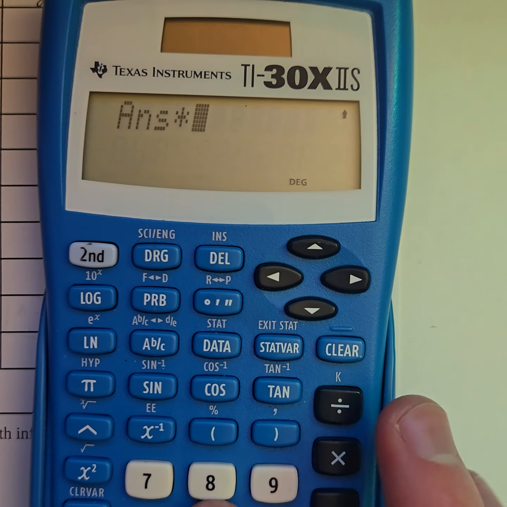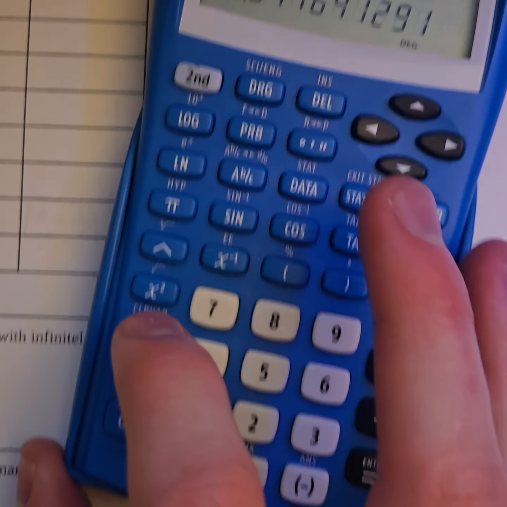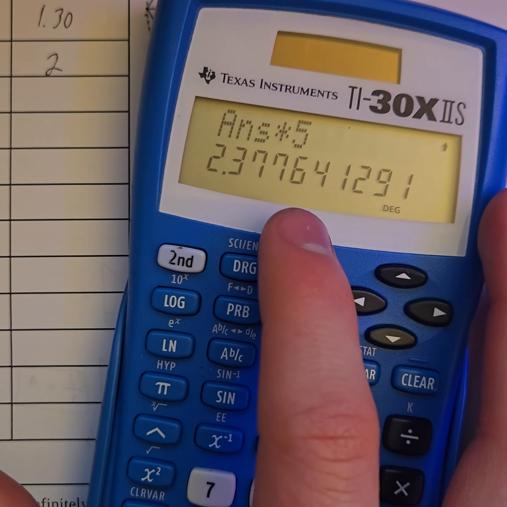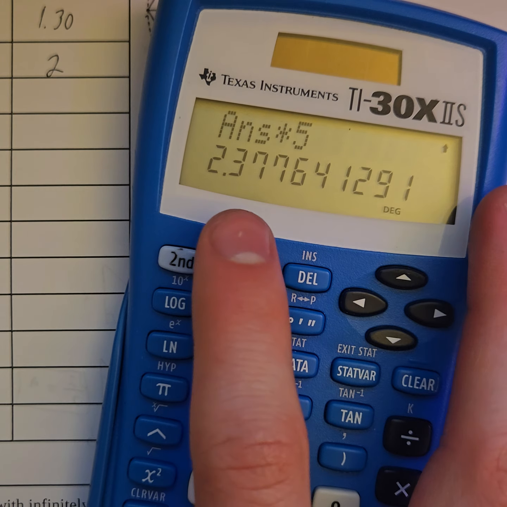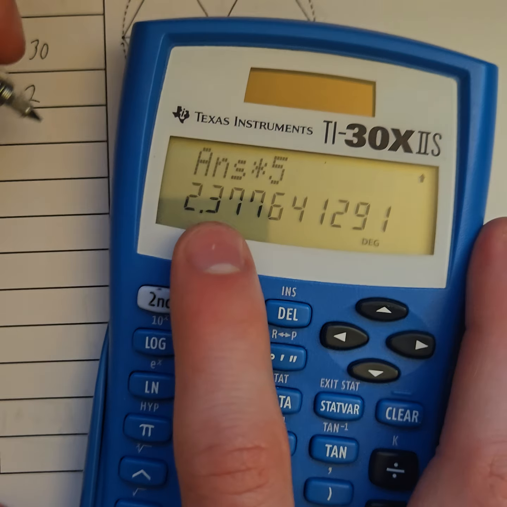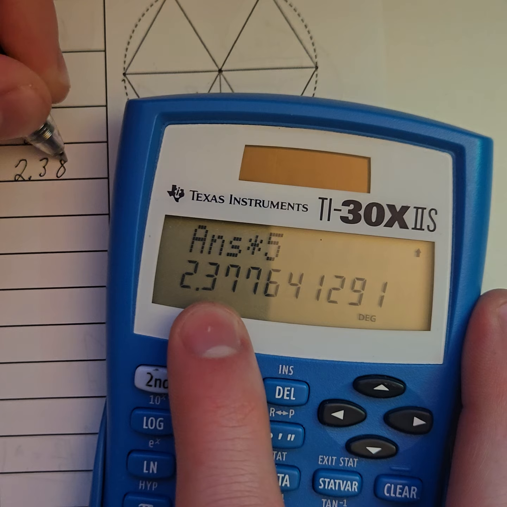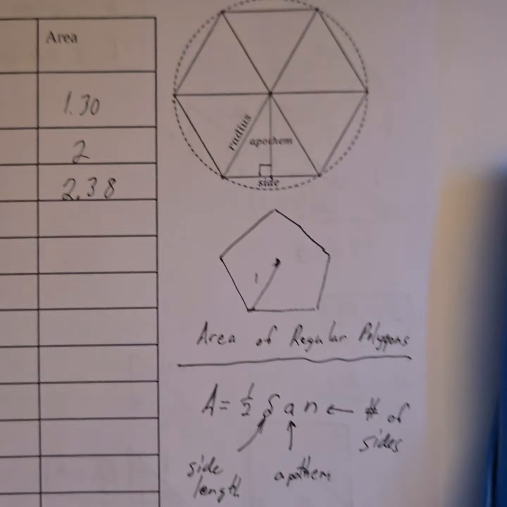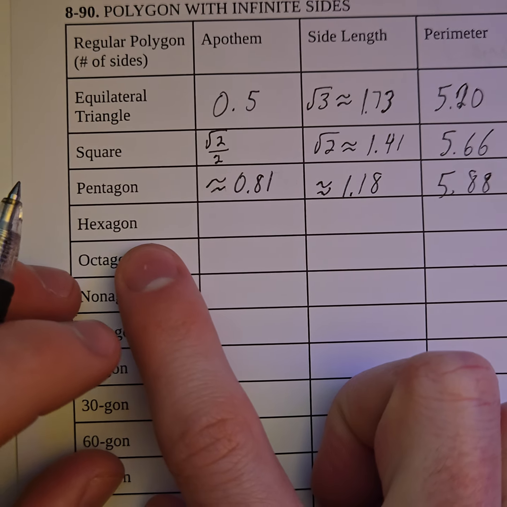The reason I'm using the recall button is because I didn't round anything there. Otherwise, you could just go back and type in sine and cosine of those numbers. So it's 2.38 approximately.